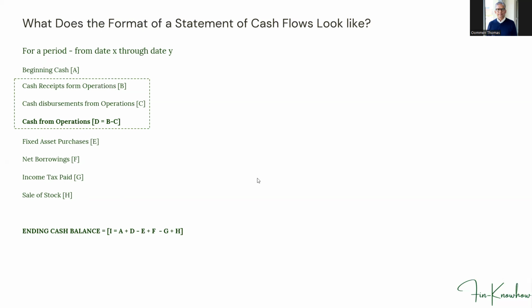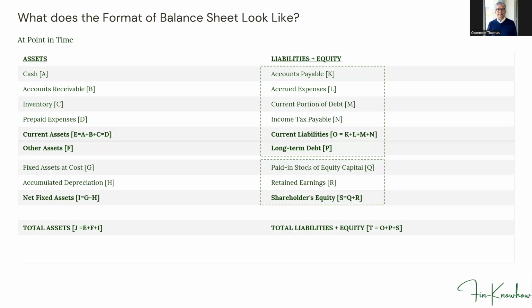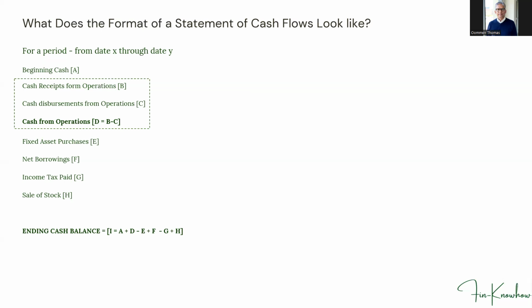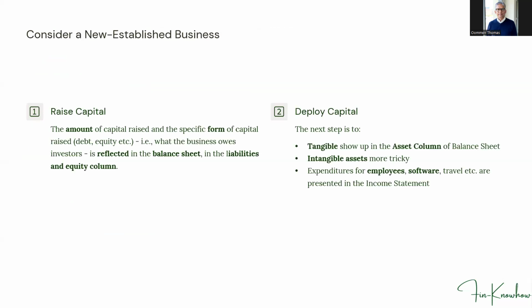So we have covered the format of the balance sheet. We have covered the format of the income statement, and we have covered the format of a cash flow statement. To get you a little better feel for how this plays out in the real world, I'm going to walk through the financial statements of a newly established business, trying to get you at least an initial but a more intuitive understanding of financial statements.